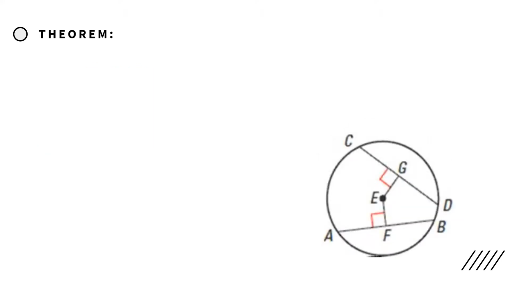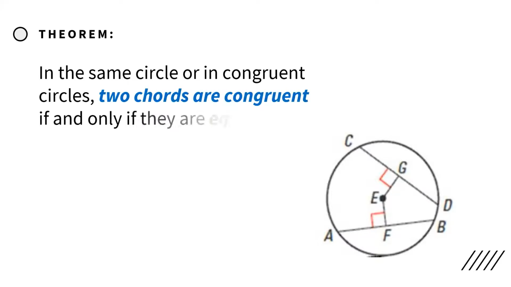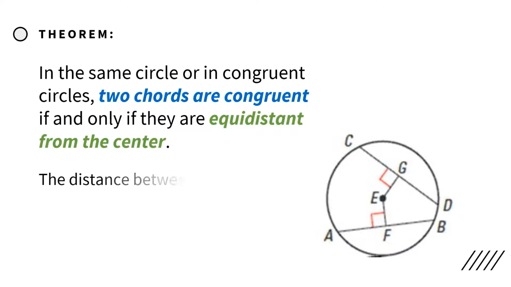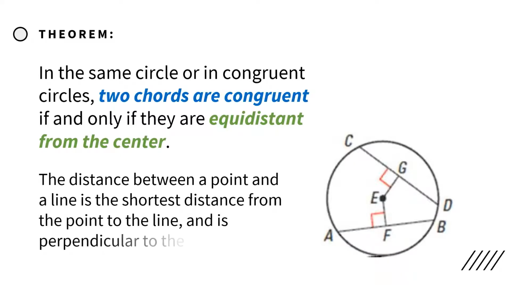Another theorem. In the same circle or in congruent circles, two chords are congruent if and only if they are equidistant from the center. And let's review distance between a point and a line. It's the shortest distance from the point to the line, and it must be perpendicular. That's what ensures that it is the shortest distance.